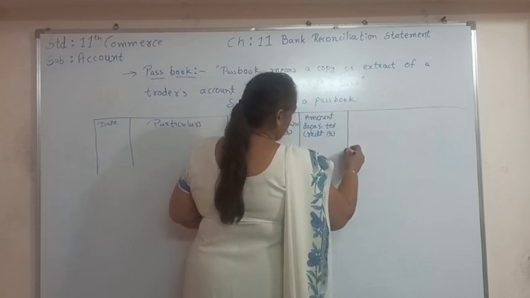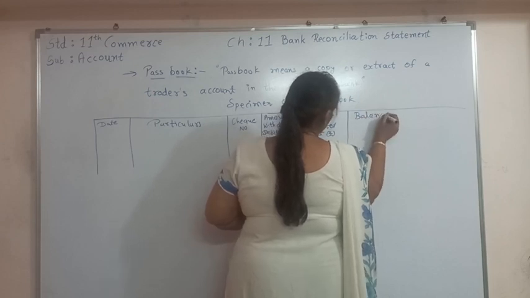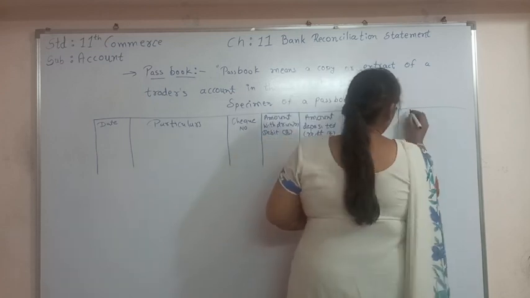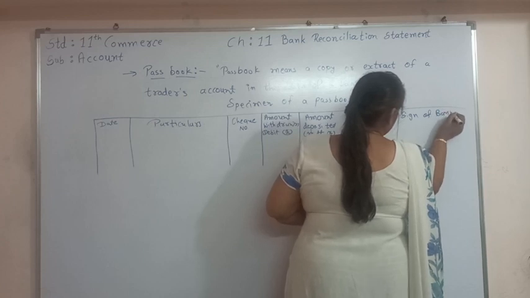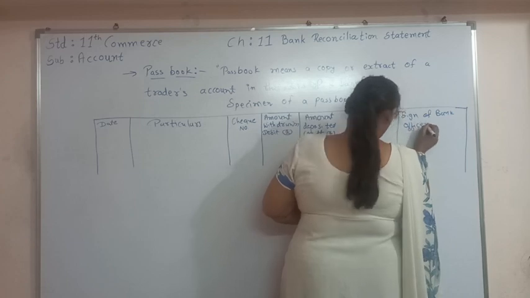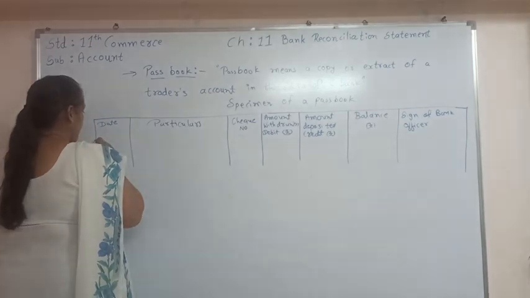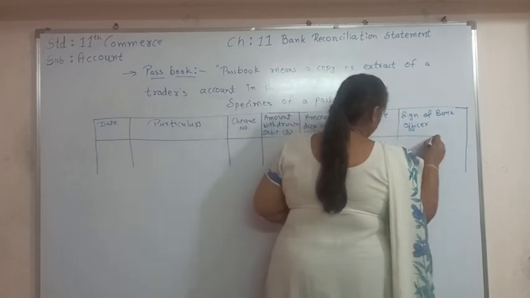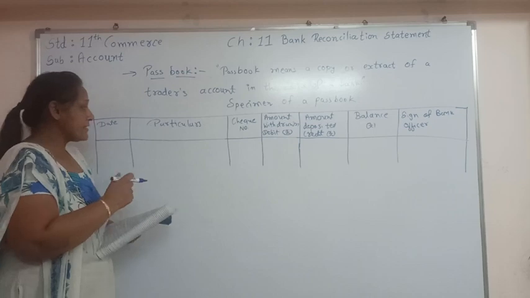Then the other column is balance, that is the balance of the bank account. It is also in rupees. And the last column is the sign of bank officer. So here we have to see the extract of a passbook. So this is how it is in the passbook.